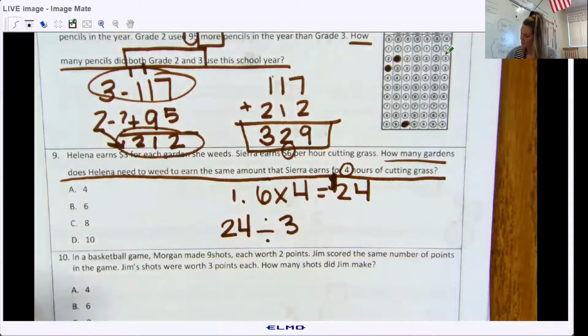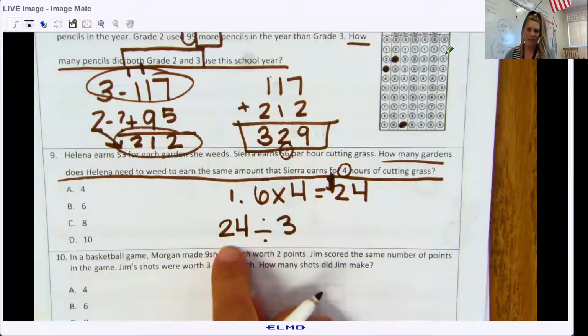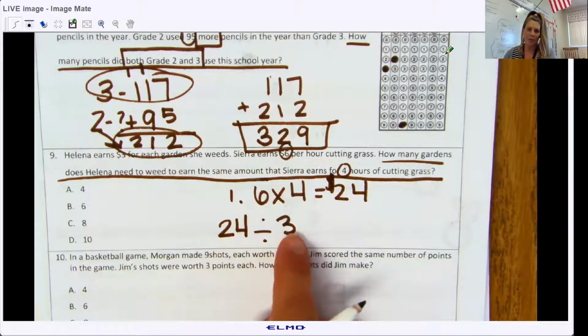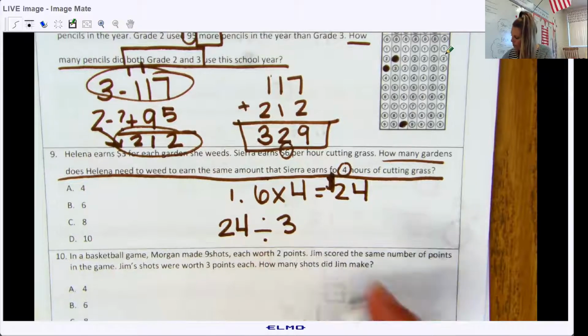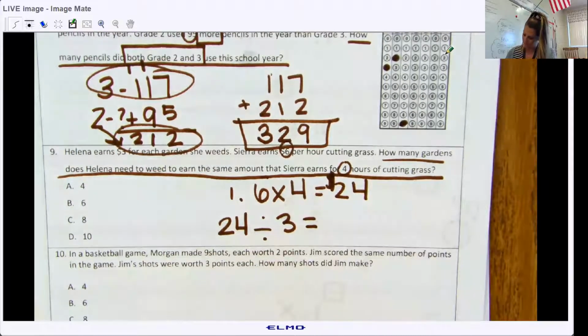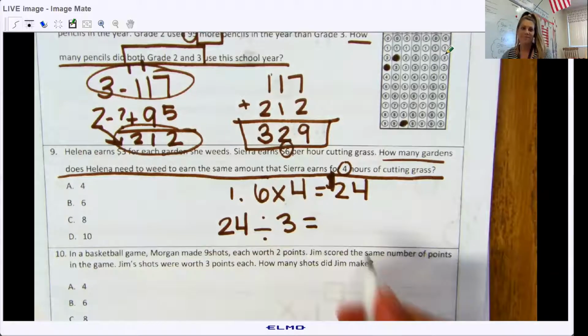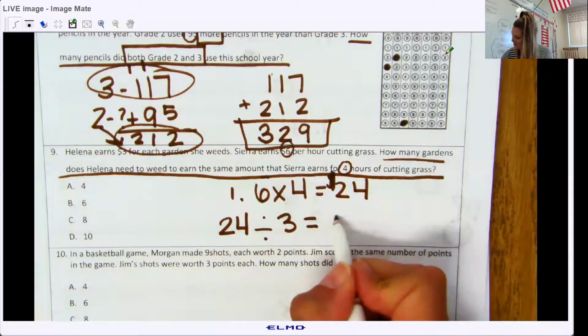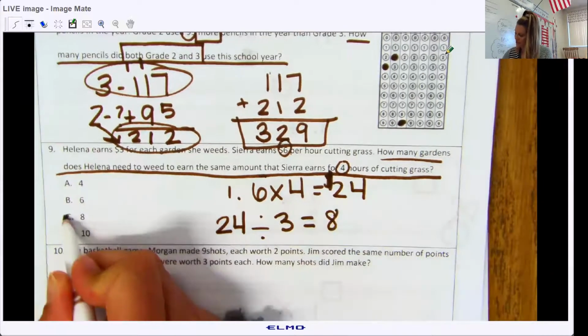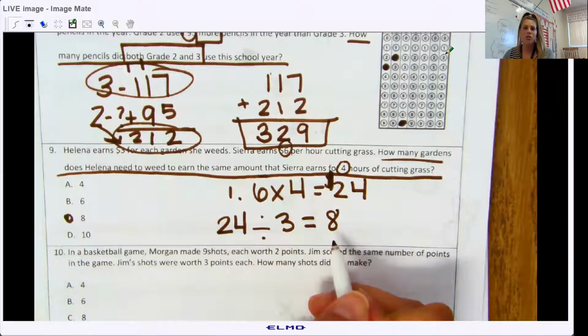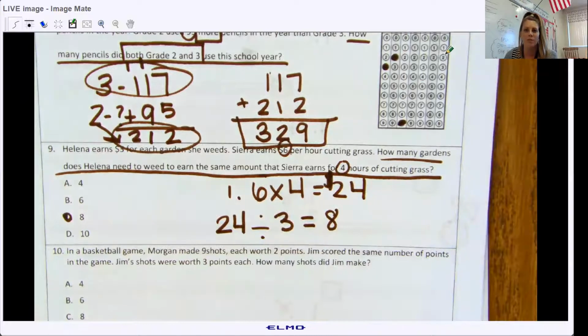So if she has $24 and you divide it by $3, what would your answer be? What did you get? You should have gotten 8. She would need to do 8 gardens to get the $24.